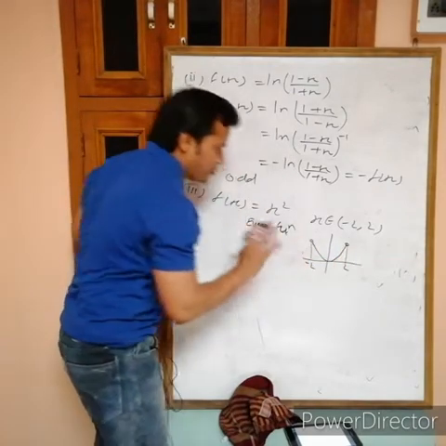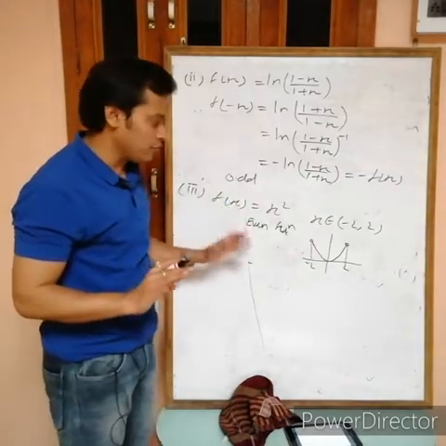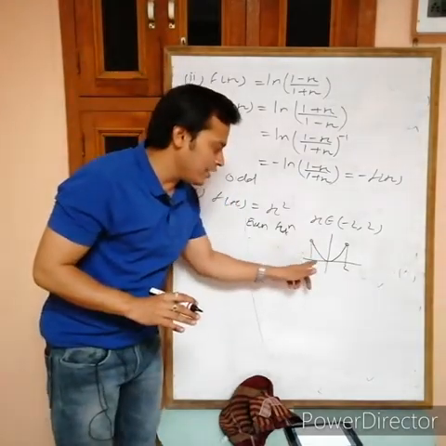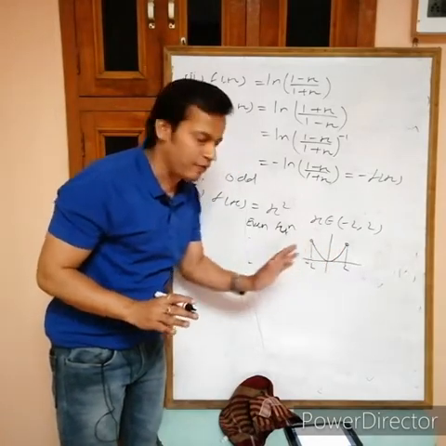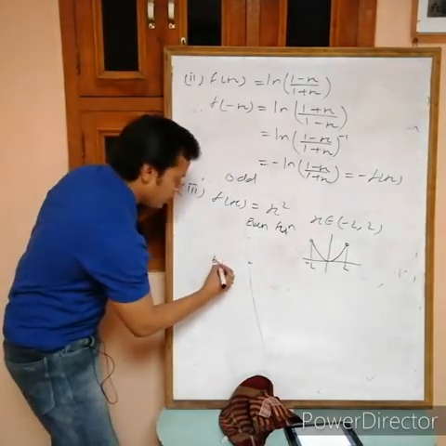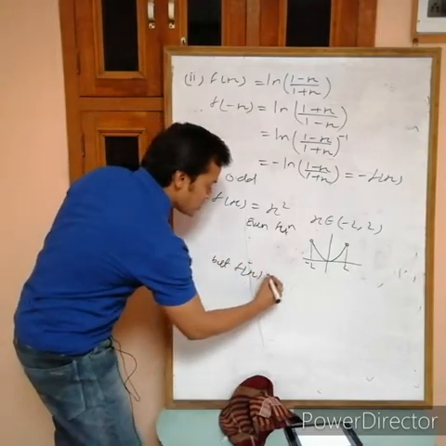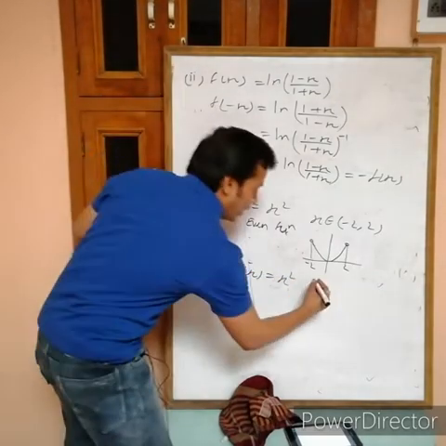Okay, so the graph is symmetric about the y-axis. No problem na. For any x, if you take negative, then for the same positive x also we have the same value.